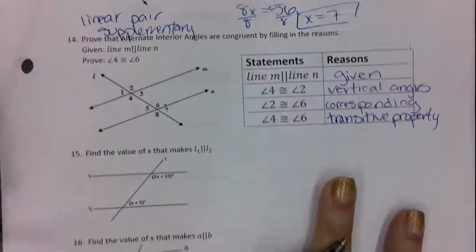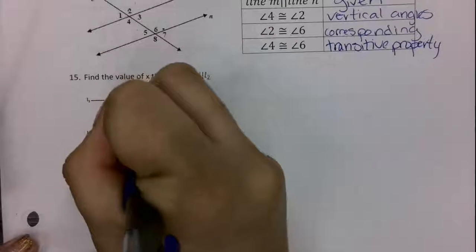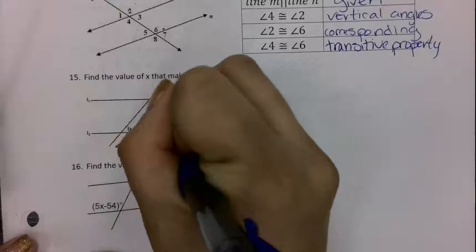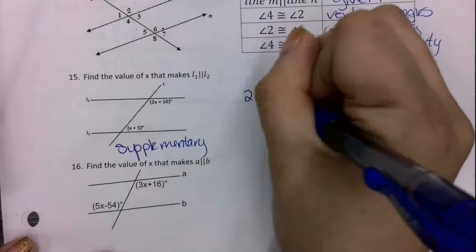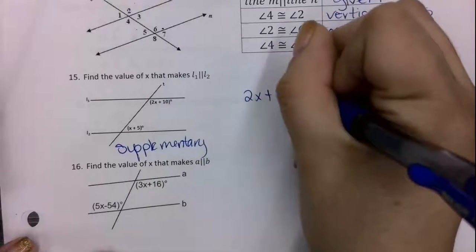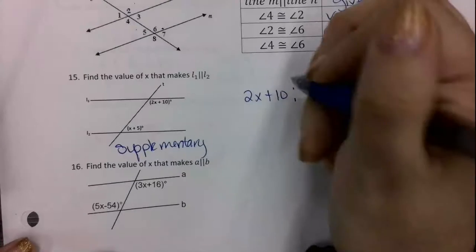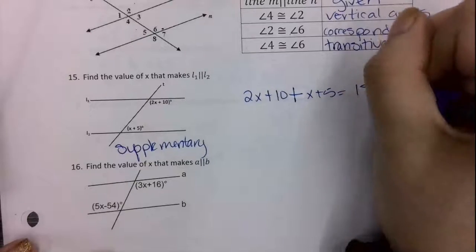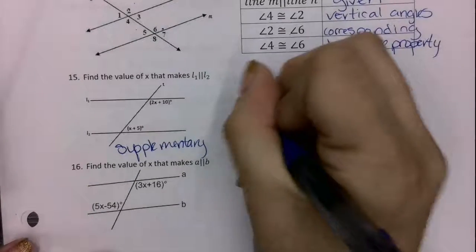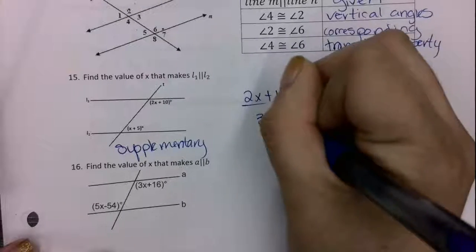Okay. Number 15 wants me to find the value of x that makes the two lines parallel. These are supplementary. So I'm going to add them together, and set it equal to 180. 2x and x gives me 3x. 10 and 5 gives me 15.